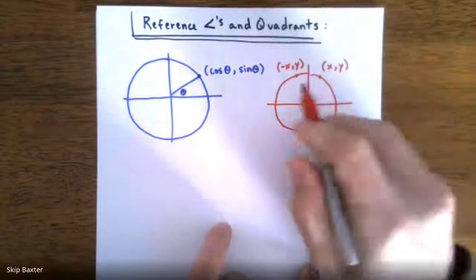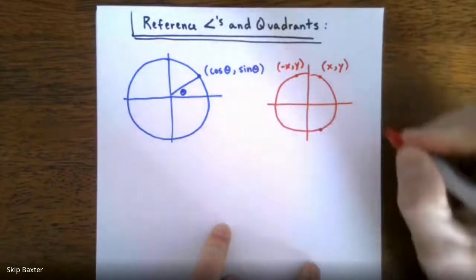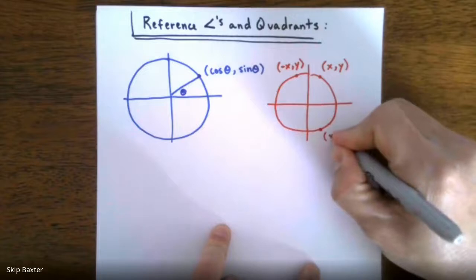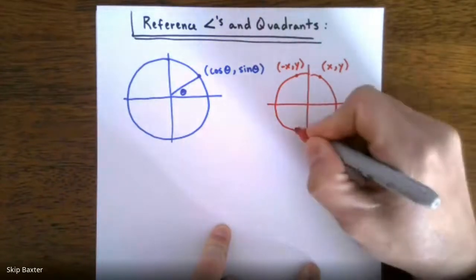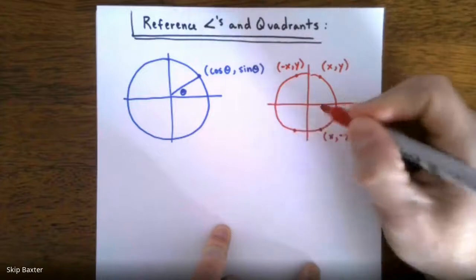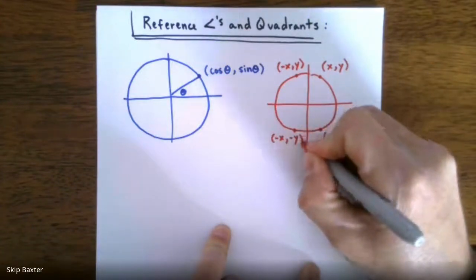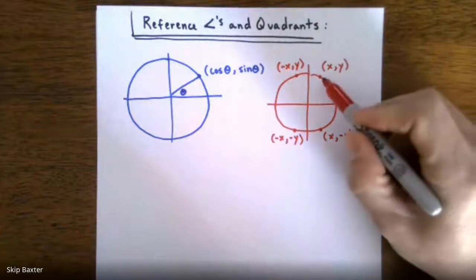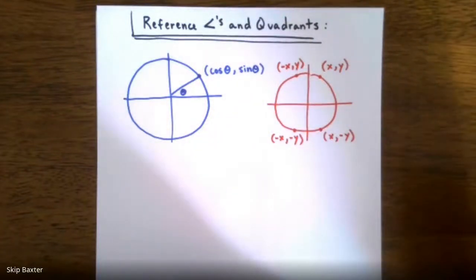They have the same coordinates except the x value is negative. And there's a point right here that has coordinates x, negative y. It just goes positive and then negative. And then there's a corresponding point here whose coordinates would be negative x, negative y, right? So for any point on the unit circle, there's three other points on the unit circle that have the same coordinates except possibly negative, right?